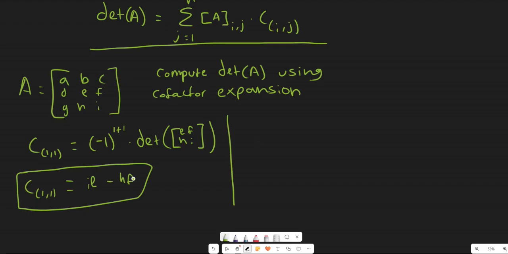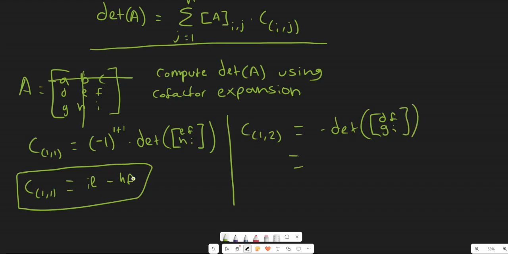Let's go ahead and calculate the cofactor of the next one here. So your next cofactor, imagine you block that out and block that out. The next one is going to be the cofactor of 1, 2, and that's just going to be negative 1 to the 1 plus 2, or negative 1 cubed, which is negative 1. And we're just going to write negative the determinant of the matrix D, F, G, I. Let's go ahead and compute that.